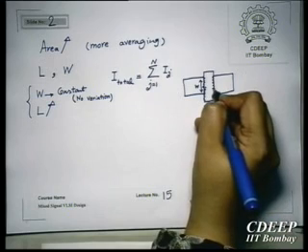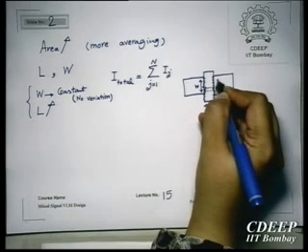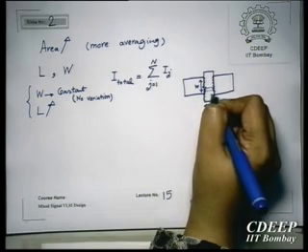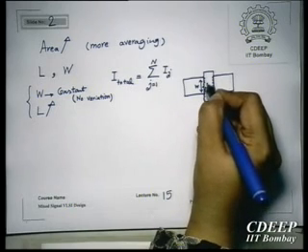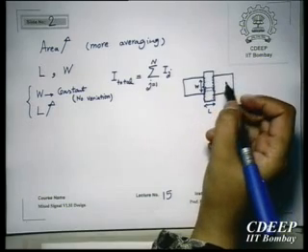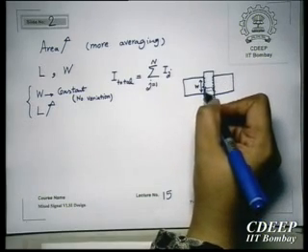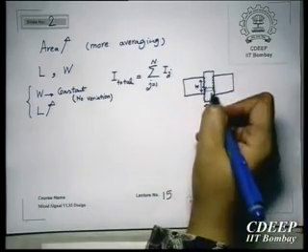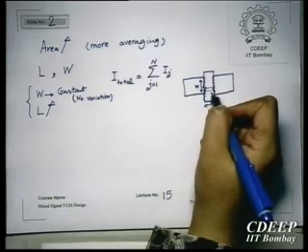If you choose a sample, what do we mean by sample? You divide this into n number of strips. Therefore, one will have a length of L1, one will have a length of L2, and so on. Each one of them will have a fixed W of, say, W upon N. So W is fixed. W doesn't change.